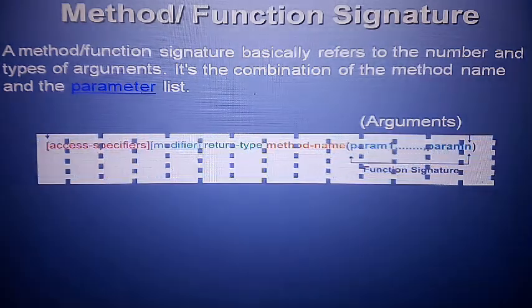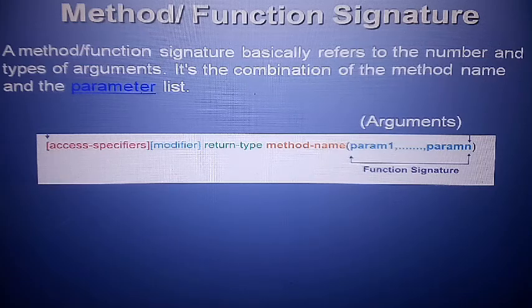Just like when you write a function: access specifier, meaning public, modifier, return type, data type, method name, and parameters. So how many parameters, meaning how many arguments you write, in the form of integers or floats. So you can make the signature, which is already defined in the form of a diagram.